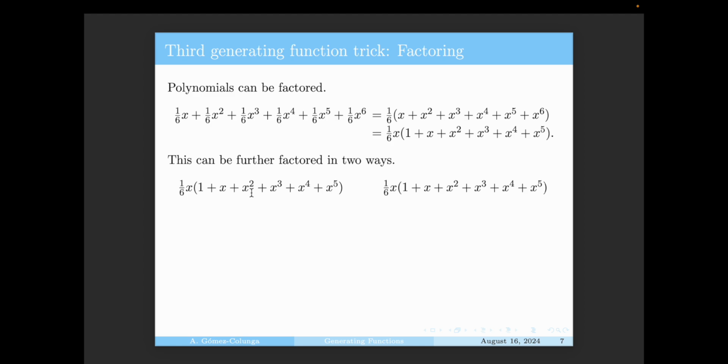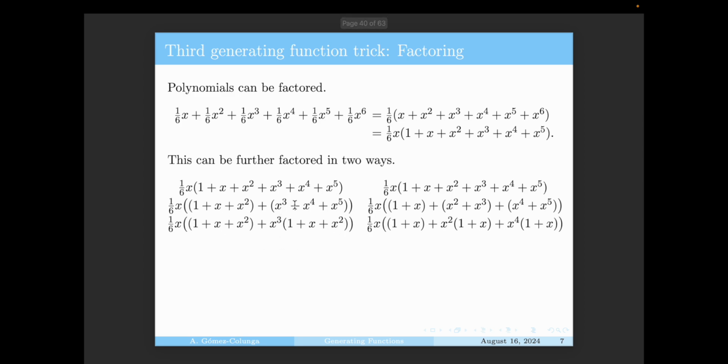So we have this starting polynomial. We group the terms into the first bit and the second bit. We notice that the second bit, everything is a power of at least 3, so we can pull out an x cubed. And then we notice that we have a repetition of this, a 1 plus x squared in both sides.